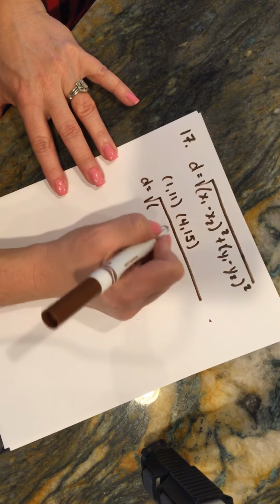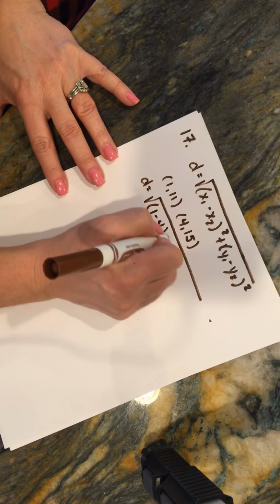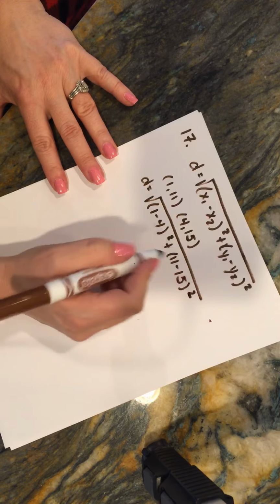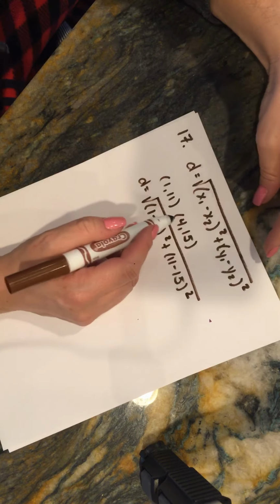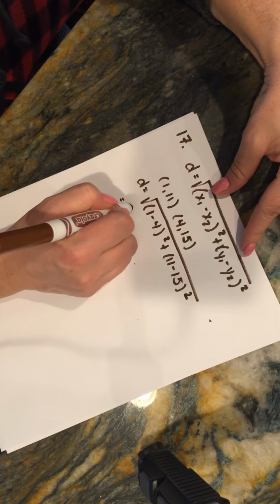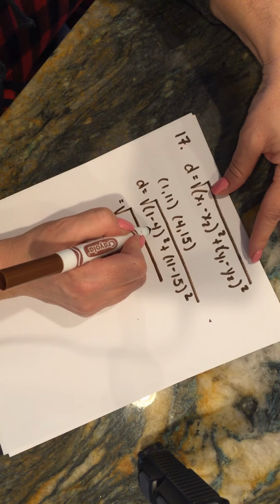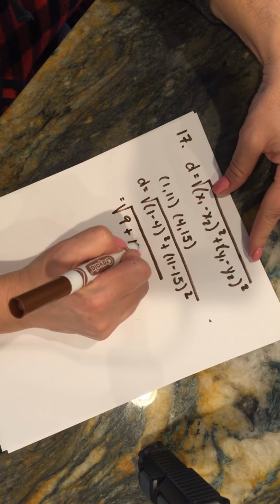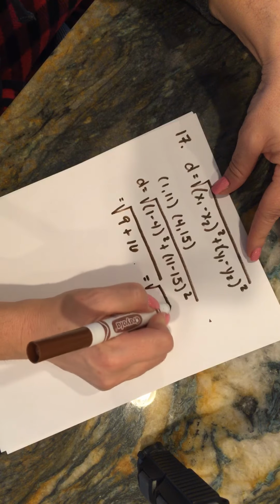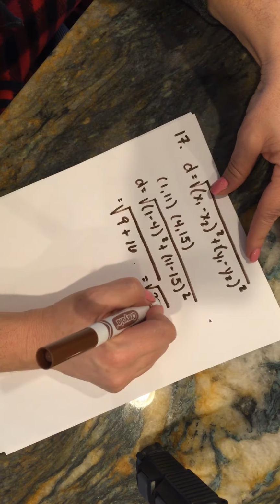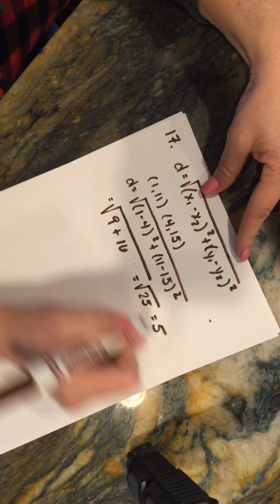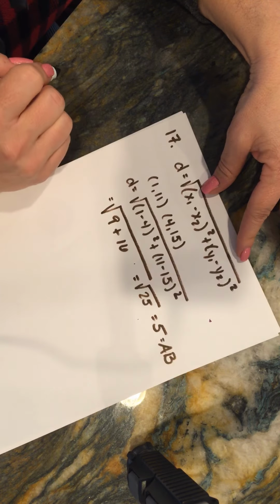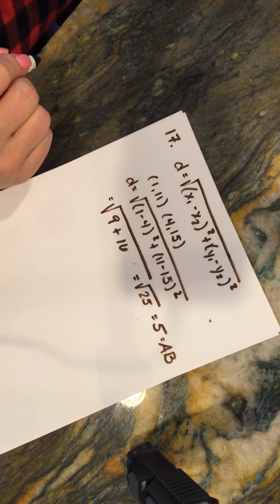Make sure you're staying consistent with which point comes first. So we've got the square root of negative 3 squared is 9, plus negative 4 squared is 16, equals the square root of 25. Love it. So the distance from A to B is 5 units. Well, that was easy peasy.